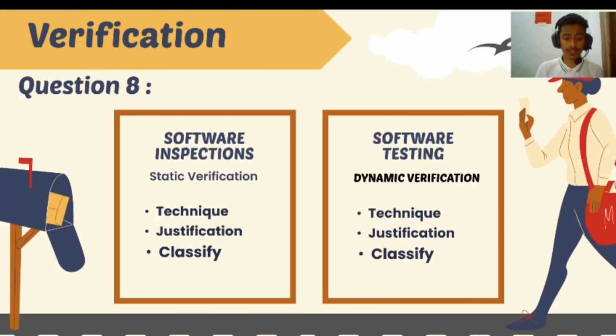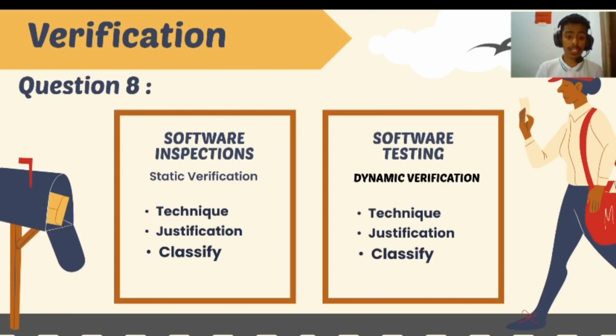The second one is software testing. The technique: dynamic testing is a software testing method used to test the dynamic behavior of the software code. It ensures that different software parts like the user interface, database, and other features interact smoothly with real data and users. Justification: for JNT Express, it's crucial to ensure that all software components work together reliably and efficiently.